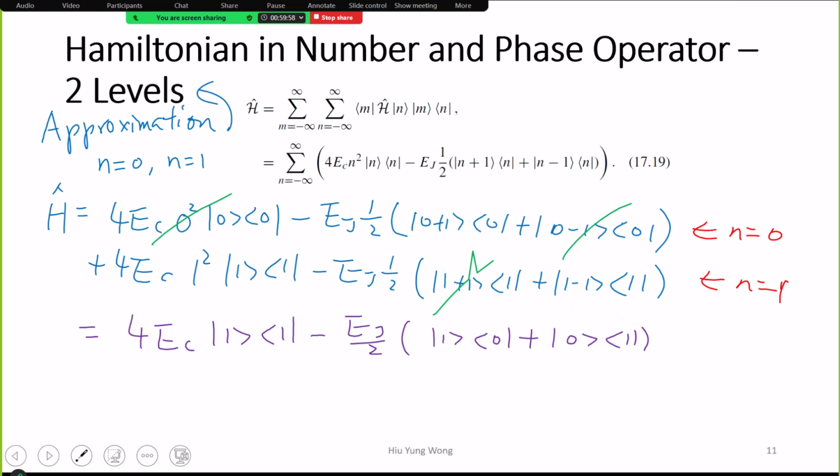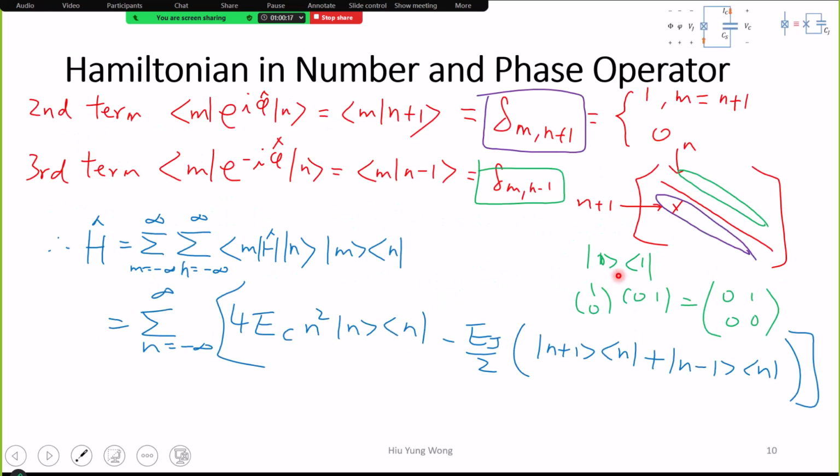Right? Can I write the matrix of this one? Yes. I already told you the meaning of the outer product. You just refer to the matrix with that corresponding row and column. I just show you here as an example. |0⟩⟨1| will give me a 1 here, right?